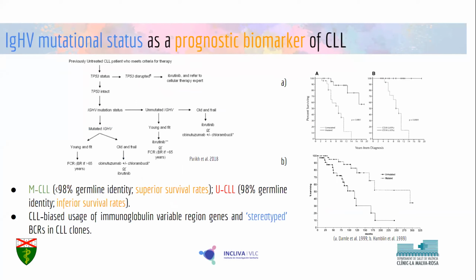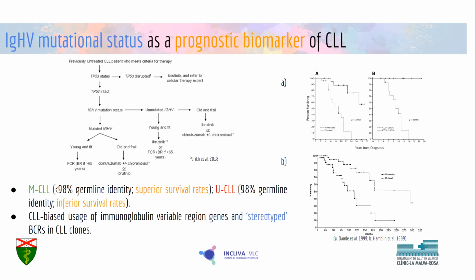The importance of sequencing the B-cell receptor is because in 1999, two works described the different outcomes in patients who had mutated or non-mutated IgHV sequences, and they proved that they had different survival rates.